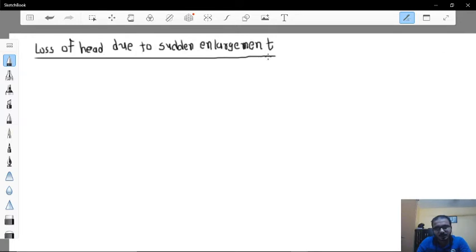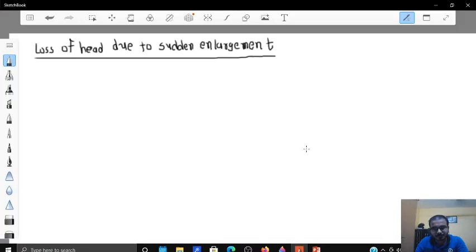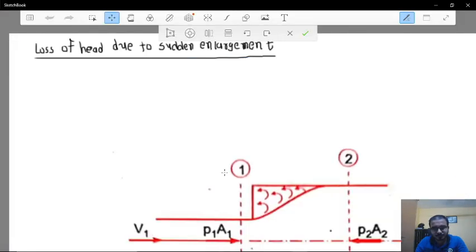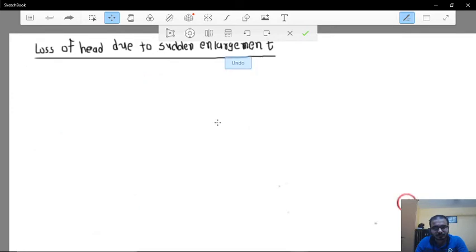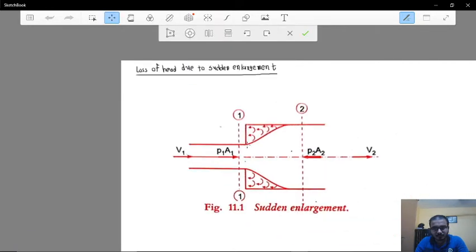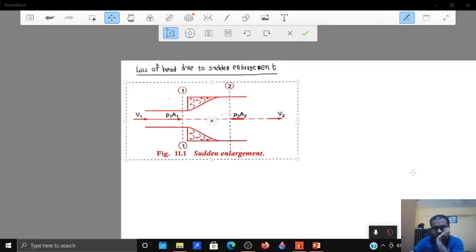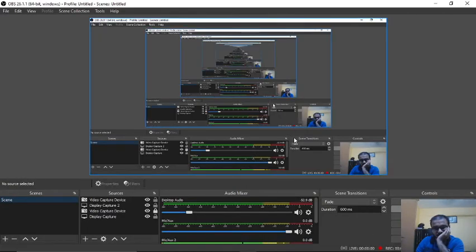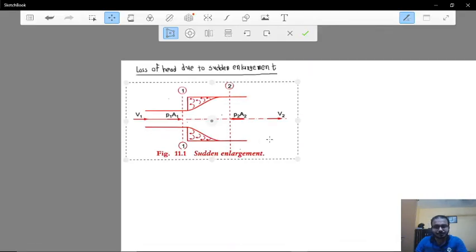So we have a ready-made figure. So here, let's continue.